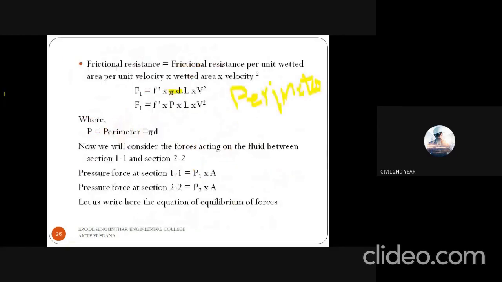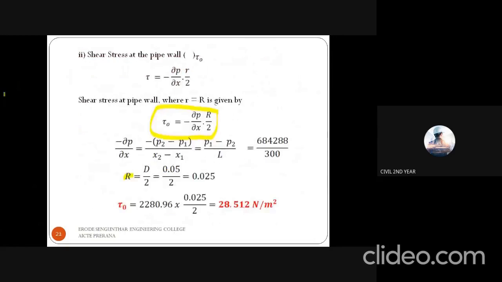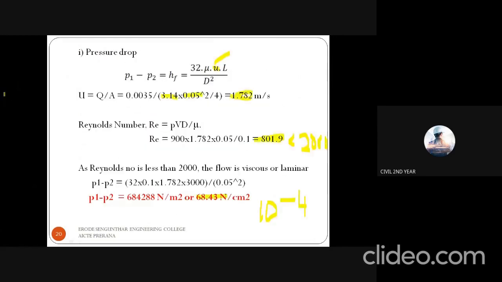So the Reynolds number formula is rho Vd by mu. Here the kinematic viscosity is given, and kinematic viscosity is nothing but mu by rho, so it replaces that term.